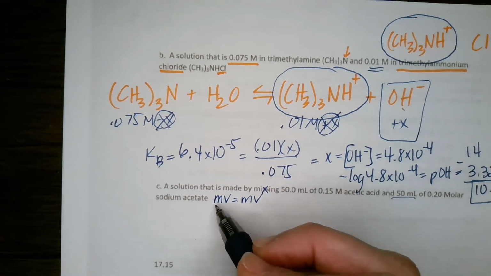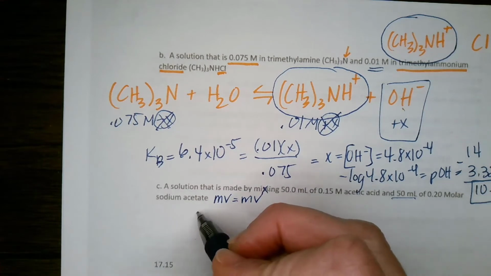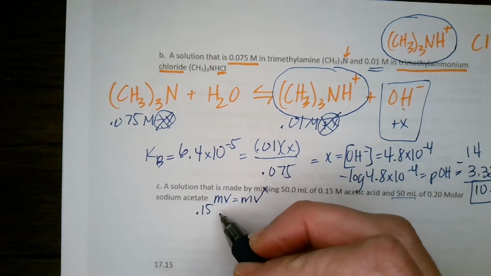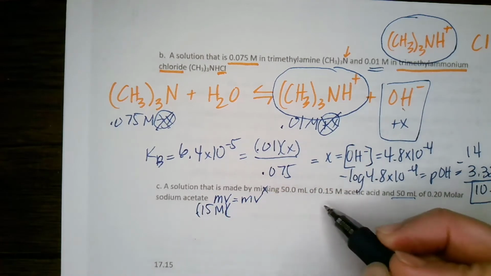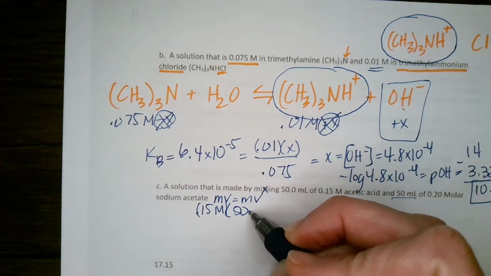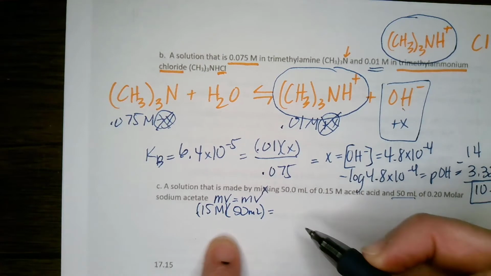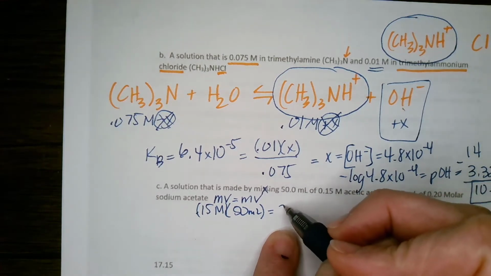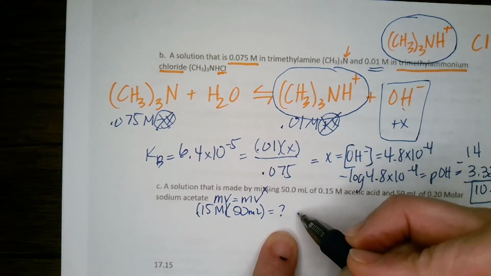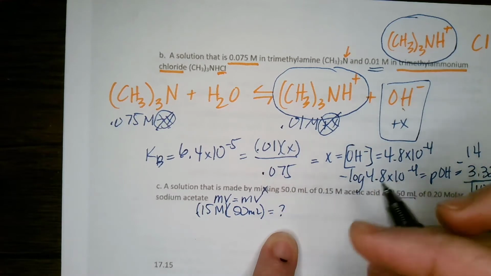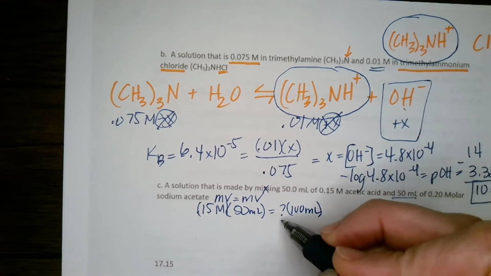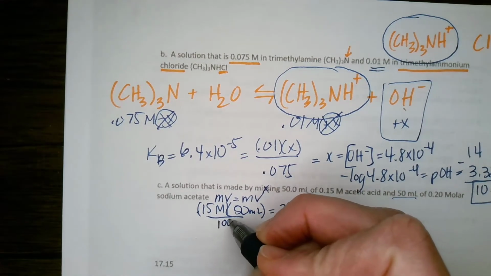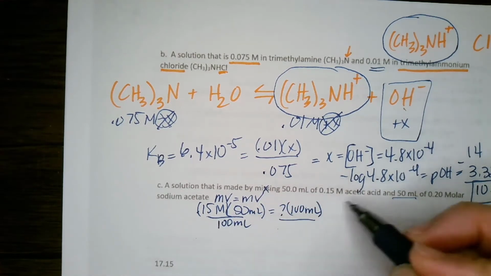M1V1 equals M2V2. All right, so I've got, well, let's do our M first, 0.15 molar. And I've got 50 milliliters of that, which is equal to, I don't know what my concentration is, but my new volume is 50 plus 50 is 100 milliliters.